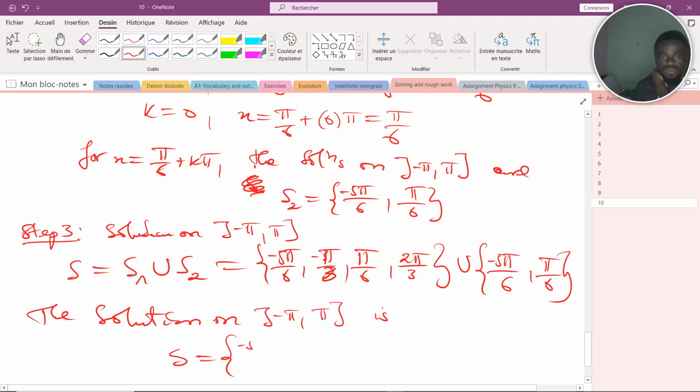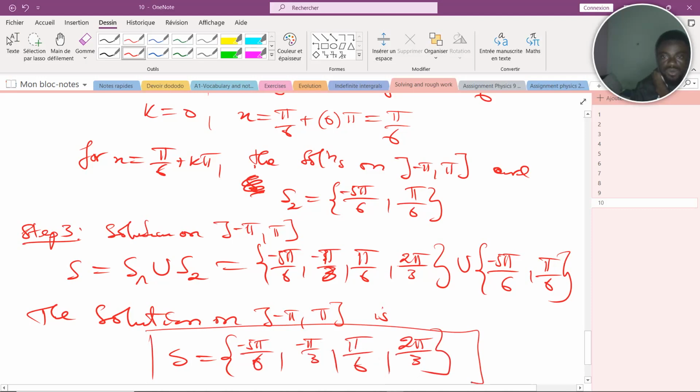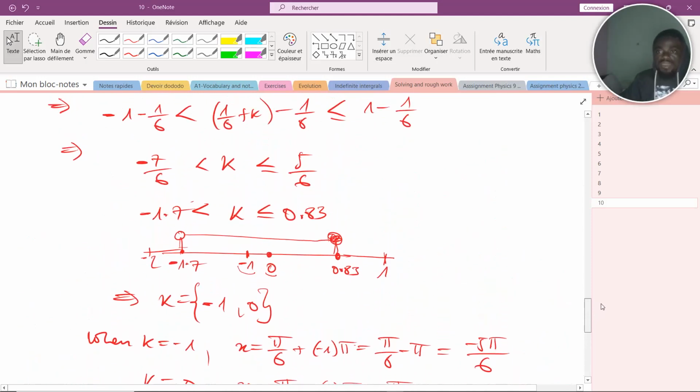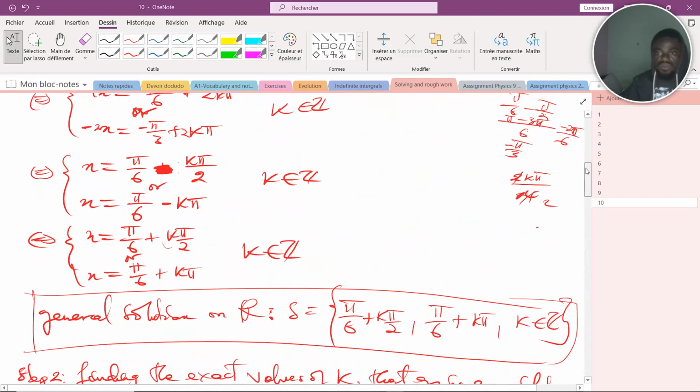So I'll have minus 5 pi on 6, comma, minus pi on 3, pi on 6, and finally 2 pi on 3. So that's our solution. That's how we find a solution on a particular interval.